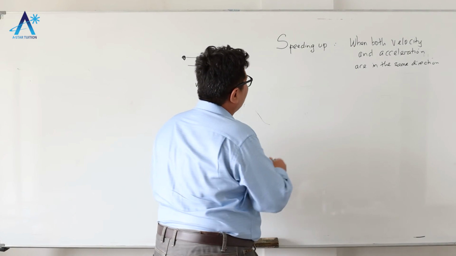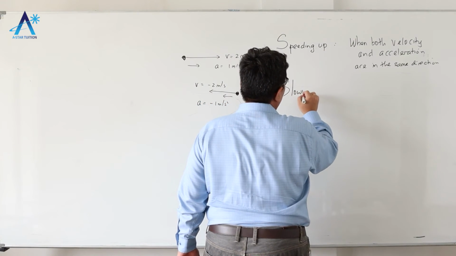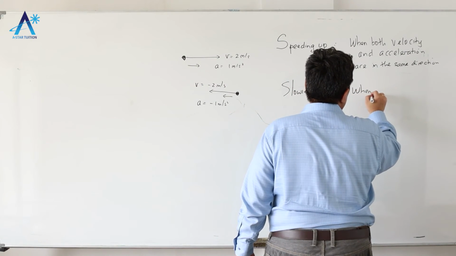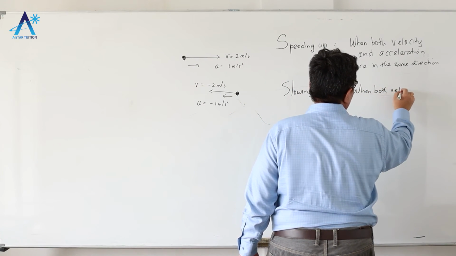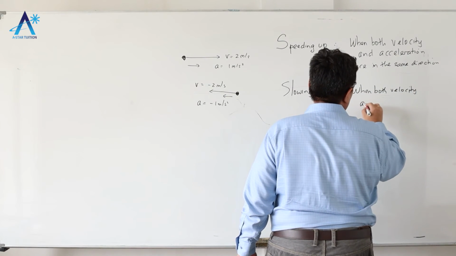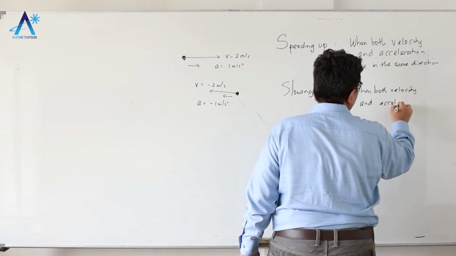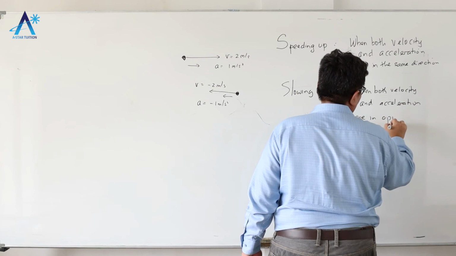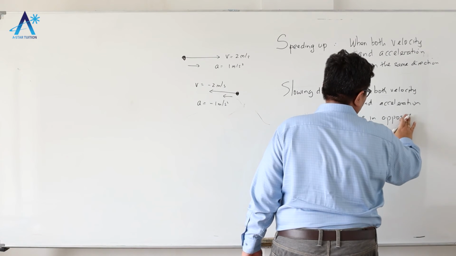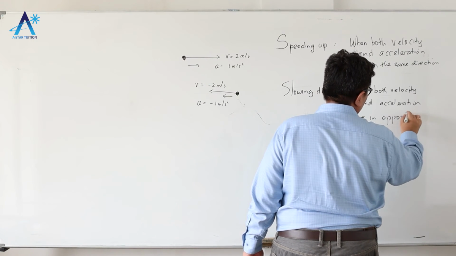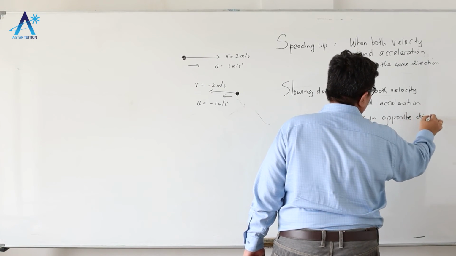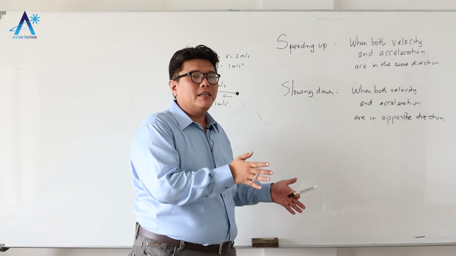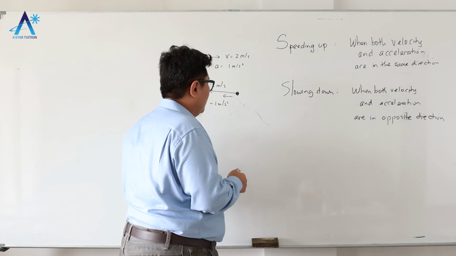Now, on the other hand, when we talk about slowing down, this happens when both velocity and acceleration are in opposite directions. Meaning that the velocity is going one way, yet the acceleration is going the other.